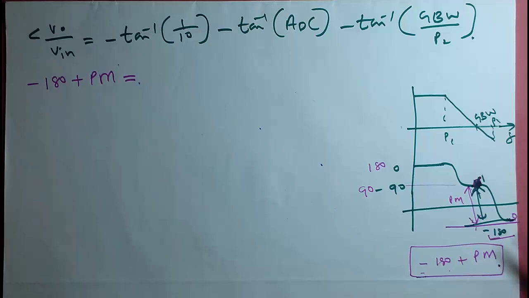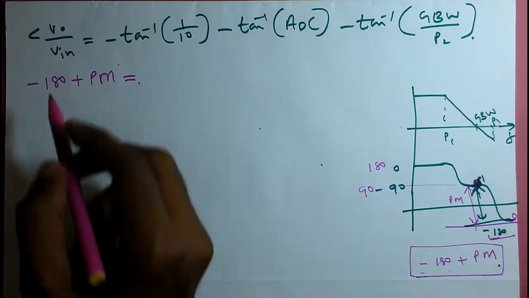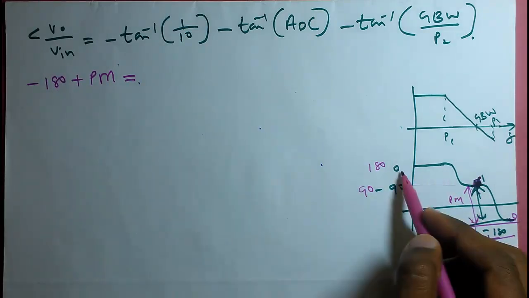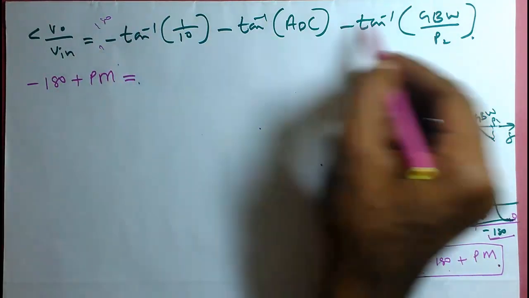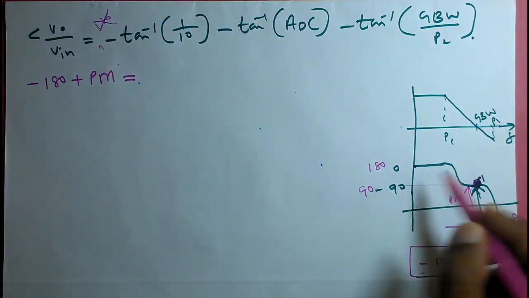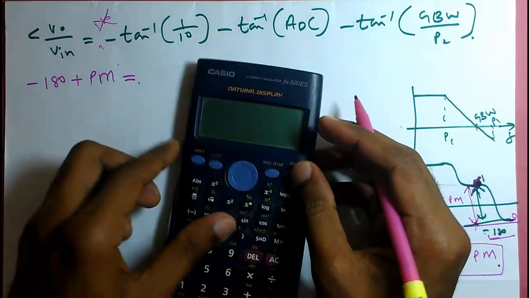Okay, I think it is clear. If you have any doubt, you can start with 180 and just use the phase margin, so this 180 will not come here. But if you are starting from 180, initially you have to give a 180 here, and 180 minus these terms will come. I'm just starting with 0 itself, so this angle will be minus 180 plus phase margin. It should be clear, because phase margin is how much the angle is higher than minus 180. So that equals minus tan inverse of 1 by 10, that we have to calculate.